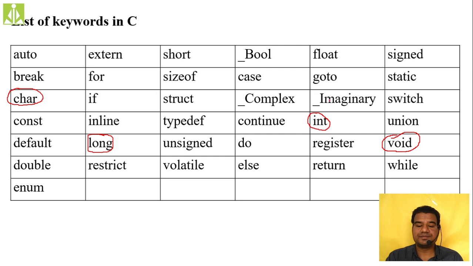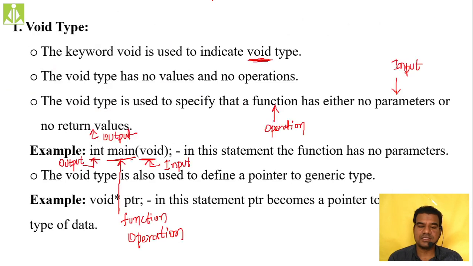Where is short? Yeah, here. Short also we are discussing. And boolean type also we have discussed, right? This bool also we discussed. So these many things we have discussed, and still many to discuss.